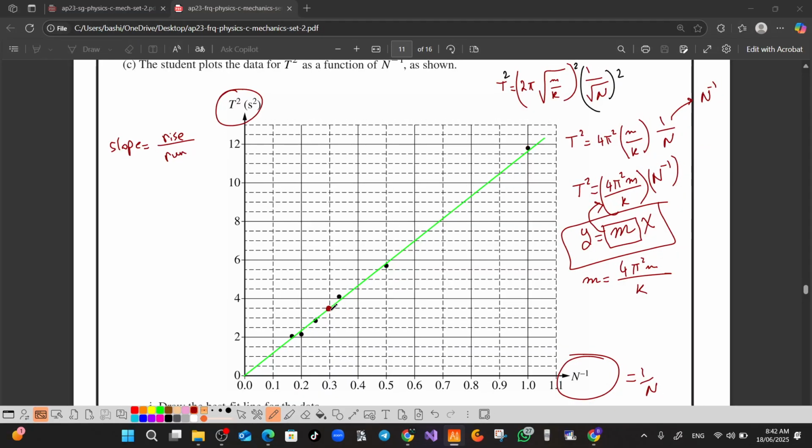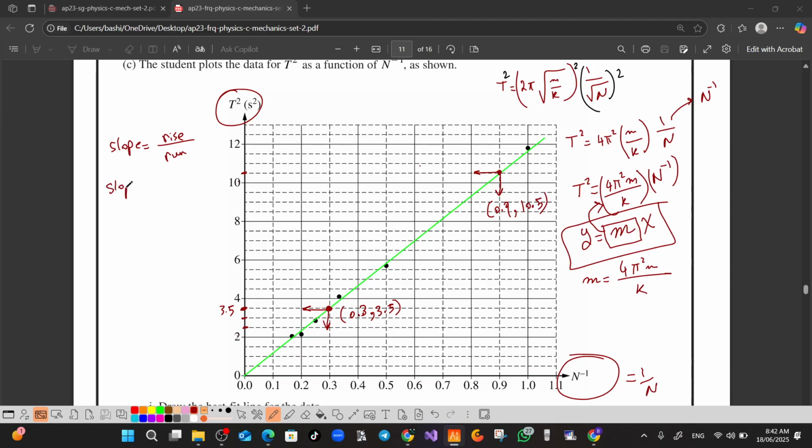Now, this point, which belongs to the line, has the following coordinates: 0.3 and 3.5. And for the second point, I prefer to take this one: 0.9 and 10.5.